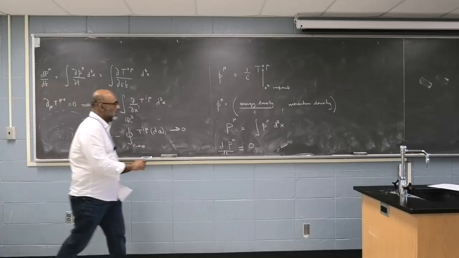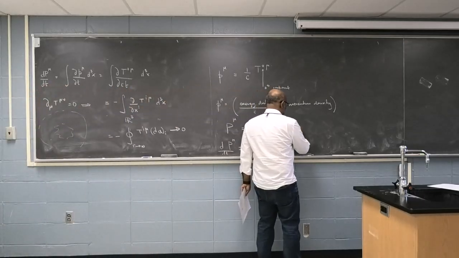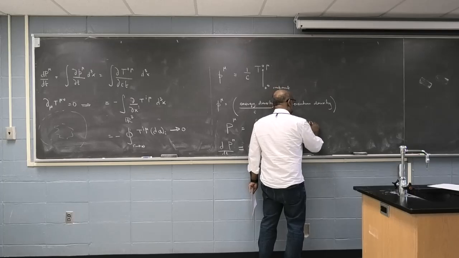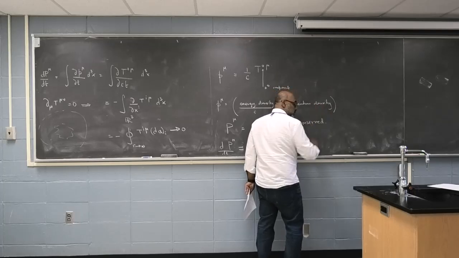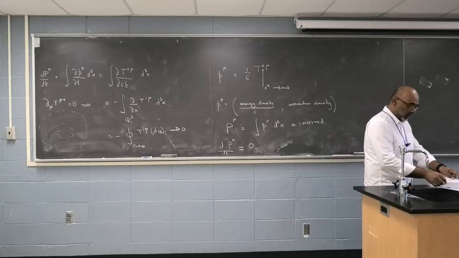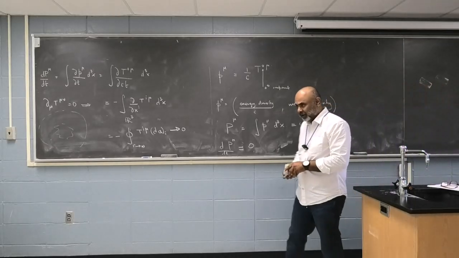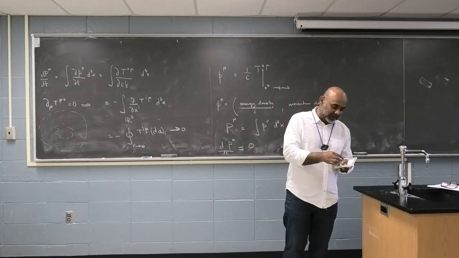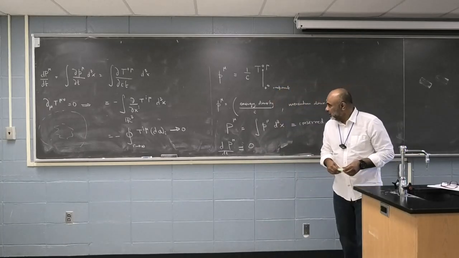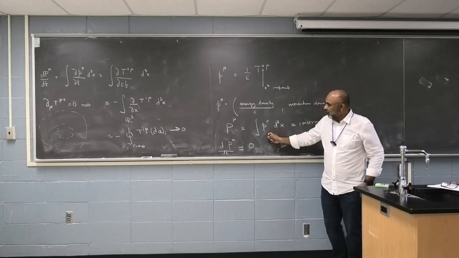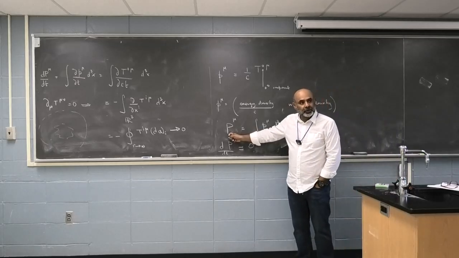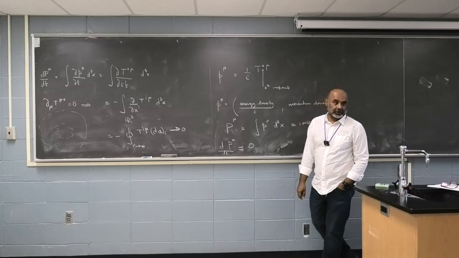So this guy is conserved. What is more interesting, and we won't do this, and you might want to consult Weinberg's book on gravitation and cosmology, he has a nice argument that uses delta functions. When you integrate this guy, this big P^μ is indeed a 4-vector.